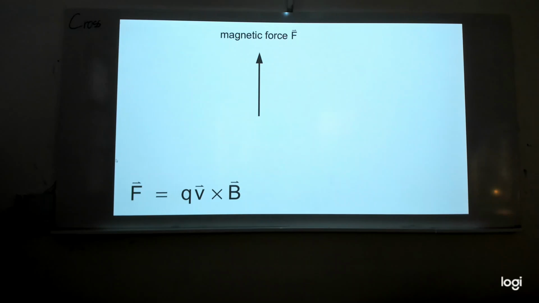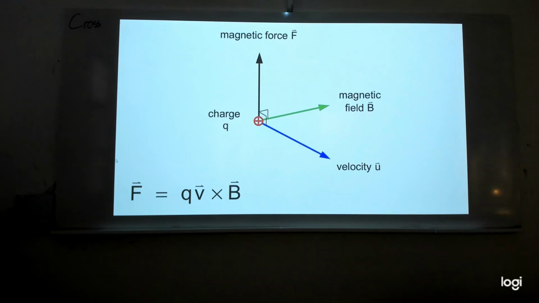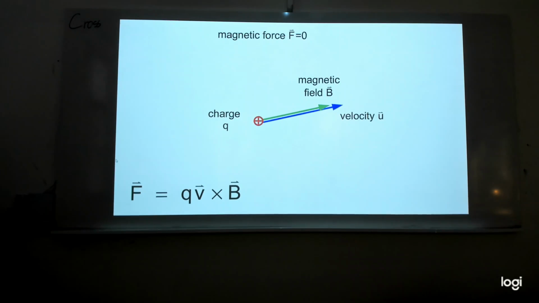The force is the charge times the vector or cross product of the velocity and the magnetic field. The force is perpendicular to both the velocity and the magnetic field, and the direction is given by the right-hand rule. The force is a maximum when the velocity and magnetic field are perpendicular to each other, and it is zero when they are parallel.